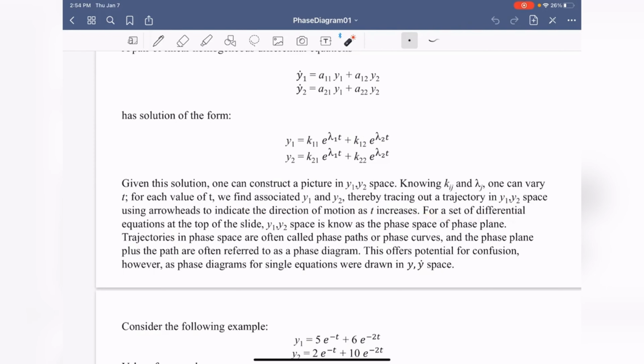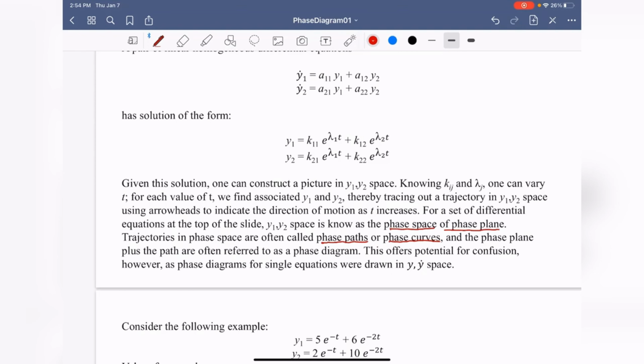For the set of differential equations at the top of this slide, y1, y2 space is known as phase space or the phase plane. Trajectories in phase space are often called phase paths or phase curves. So let me just underline that. So we have phase paths and phase curves, as we call them, and we have phase space or the phase plane.